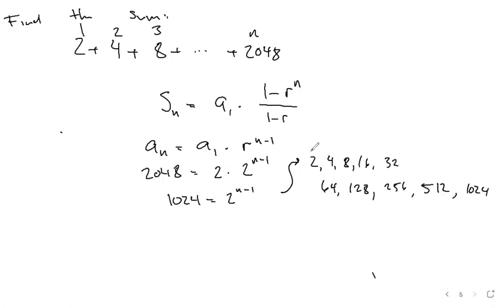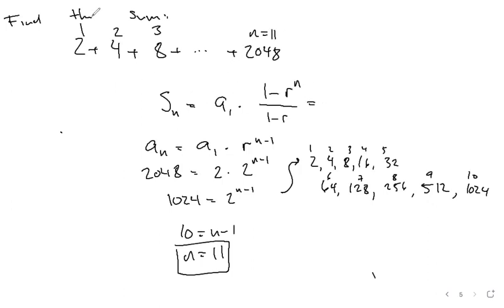So let's count. 1, 2, 3, 4, 5, 6, 7, 8, 9, 10. So this is telling me that 10 equals n minus 1. So n is equal to 11. This is the 11th term in the sequence.